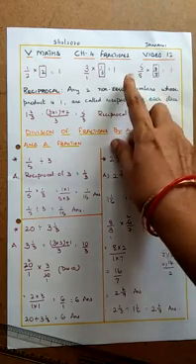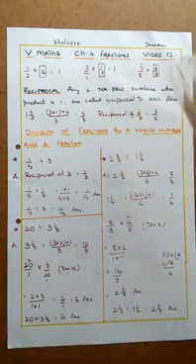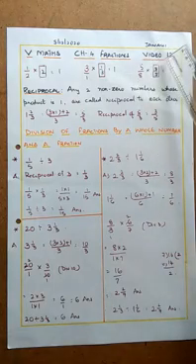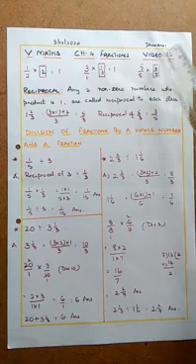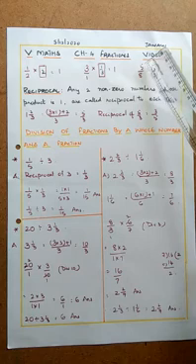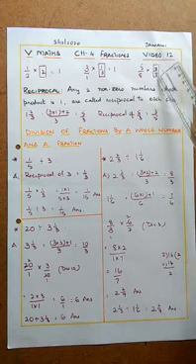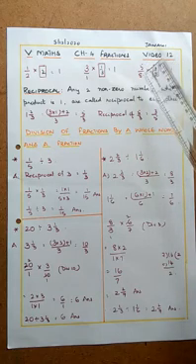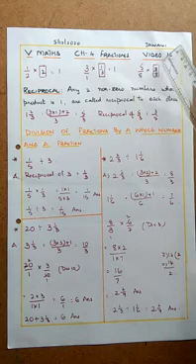Here the first fraction is 5 by 8 and you have to multiply it by 8 by 5. How did you get this 8 by 5? It is nothing but the numerator becoming the denominator of the second fraction and the denominator of the first fraction becoming the numerator of the second fraction.